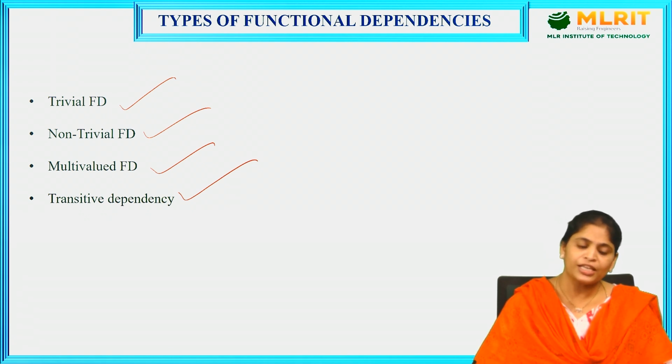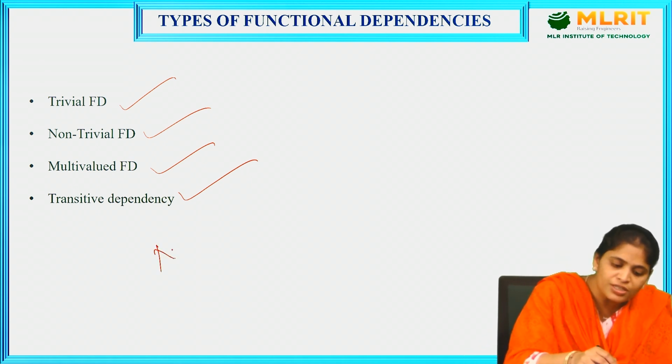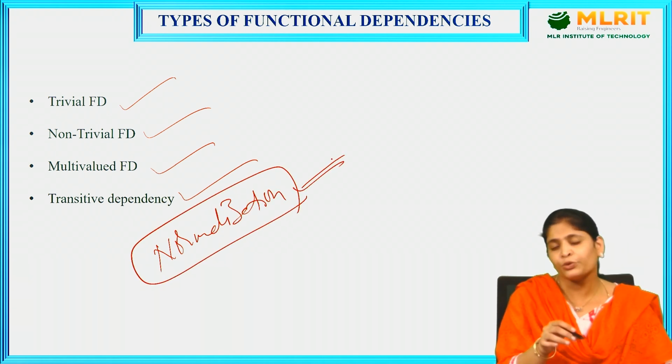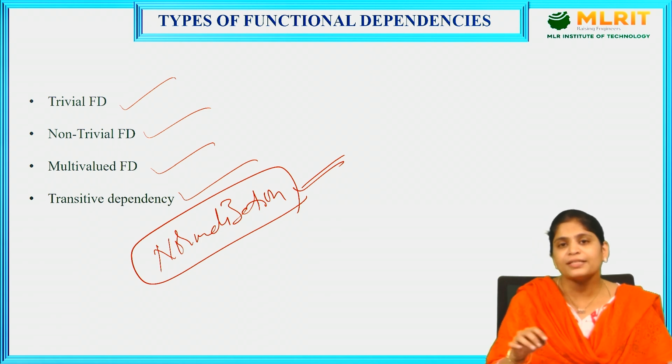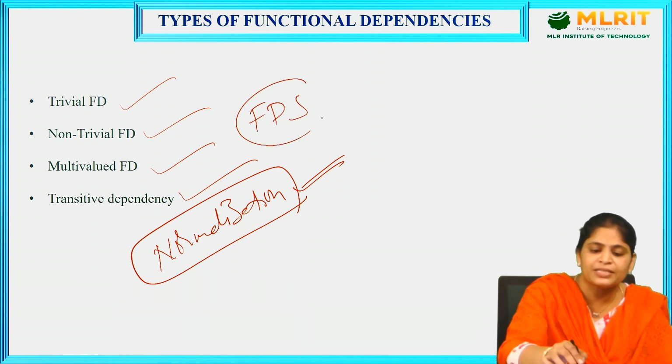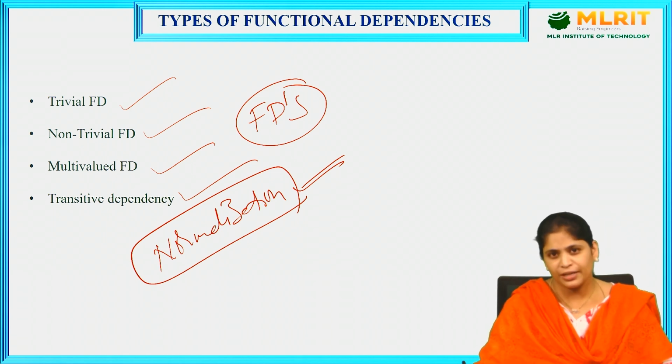So even though we are facing problems, what kind of solution do we need? One of the solutions is normalization. To deal with the normalization concept, we must have a basic idea about functional dependencies.